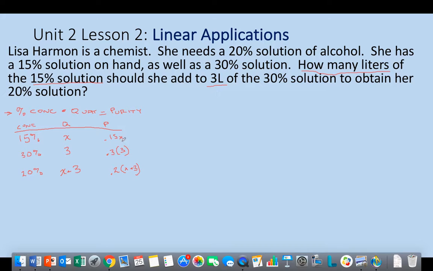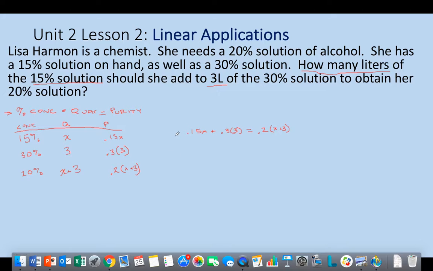I'm going to take my 15% stuff, which gives me 0.15x, plus my 0.3 times 3. So here I'm mixing my 15% stuff with my 30% stuff, and I want this to equal 20% purity of the whole thing. So 20% times x plus 3.